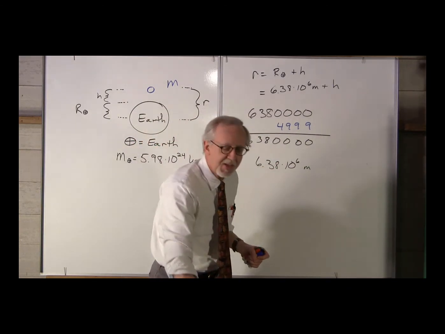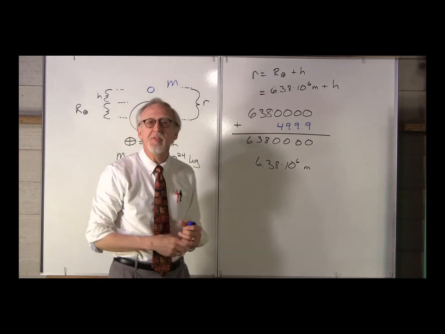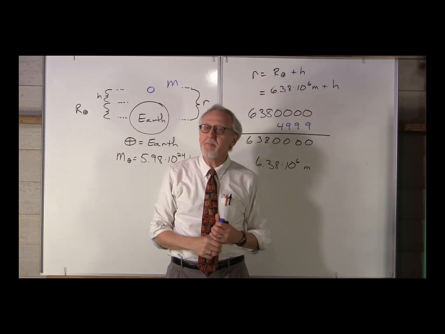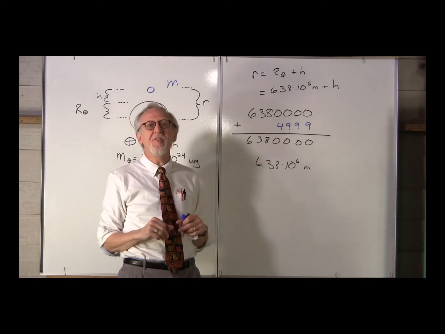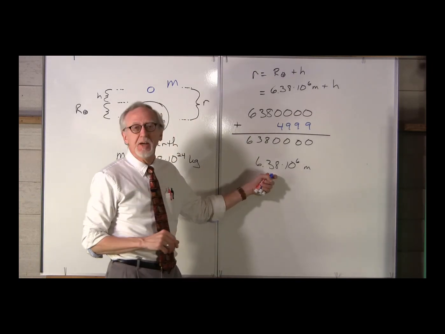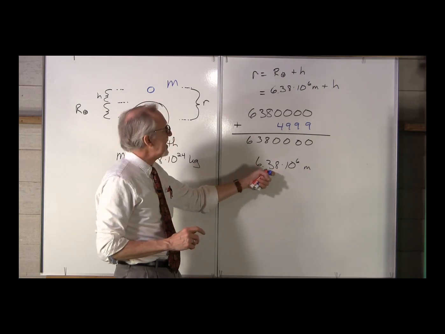So let's just keep that in mind. When we're talking about the distance between the mass m and the Earth, as long as we keep the mass within almost 5 kilometers of the surface, we can assume the distance between them is just the radius of the Earth. Excellent.